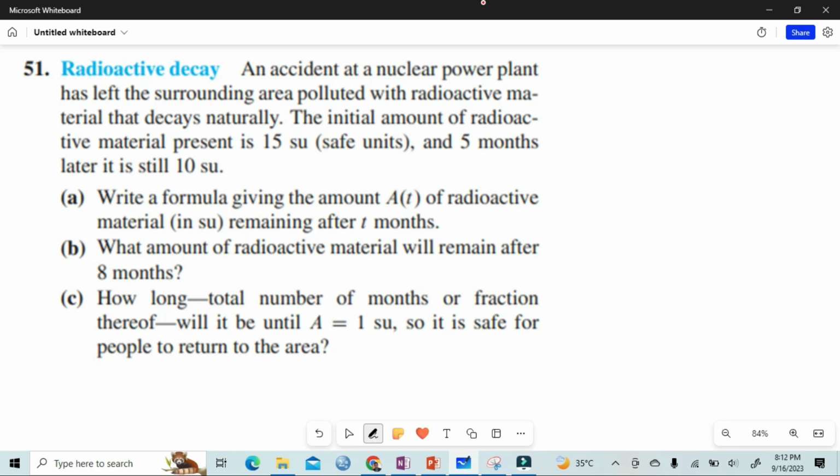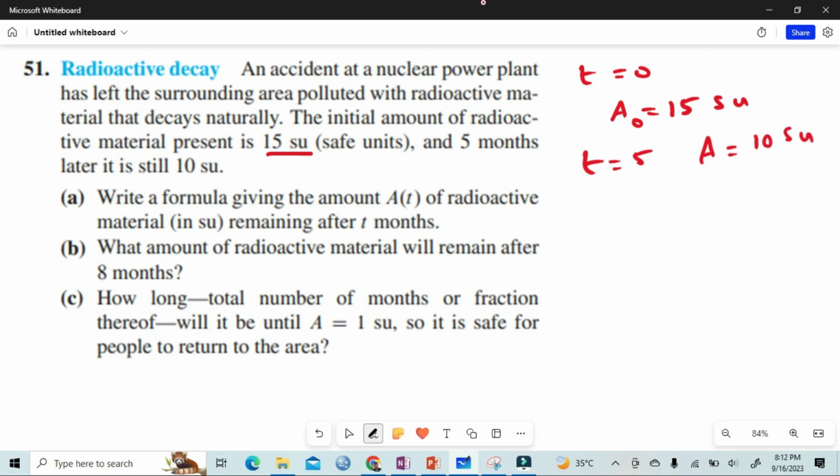The initial amount of radioactive material present is 15. So when T is 0, we can call radioactive material A. The amount of radioactive material is A0, which is 15 SU, safe units. And when T is 5, it is A, which is 10 SU.